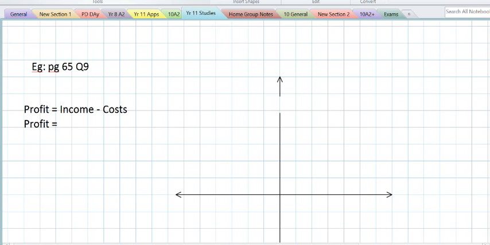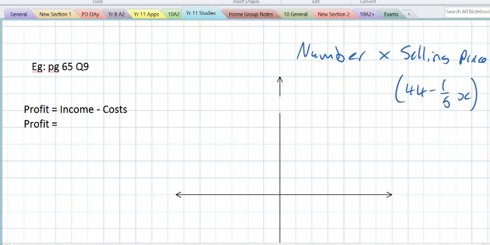Good. So it's the number of toasters multiplied by their selling price. Now the selling price is given as 44 take a fifth x, and that's what we see straight away because it's a nice expression. But we have to remember that they are selling x number of toasters at that price.